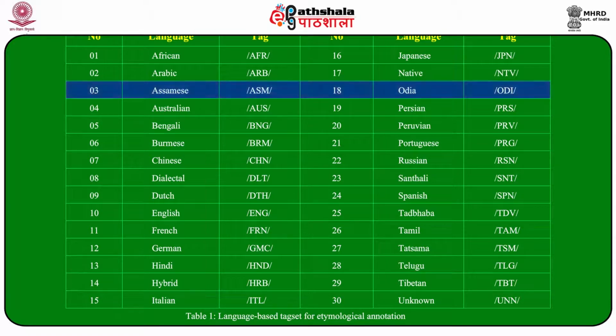So it's a 3-character string which is assigned for each language, and each code for the language is absolutely unique, because the use of this particular code clearly indicates that this belongs to a particular language. So there are 30 different languages, in fact 20 languages, and one has been kept as unknown. So for those words it can be used where their etymology or source is not known.